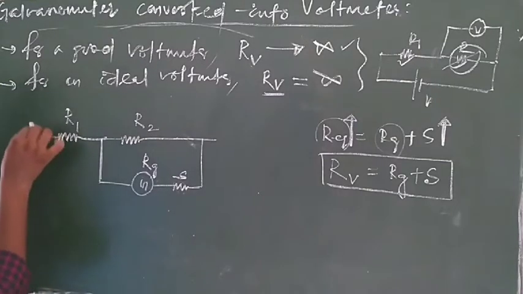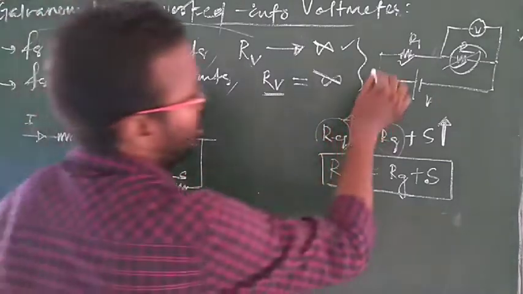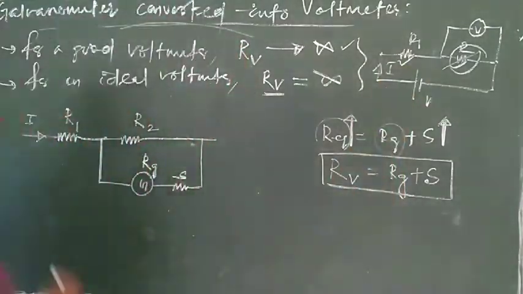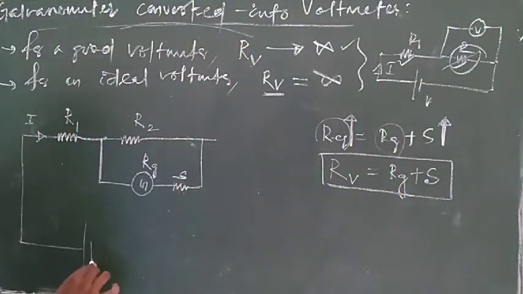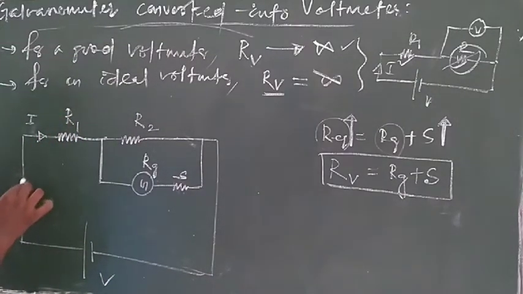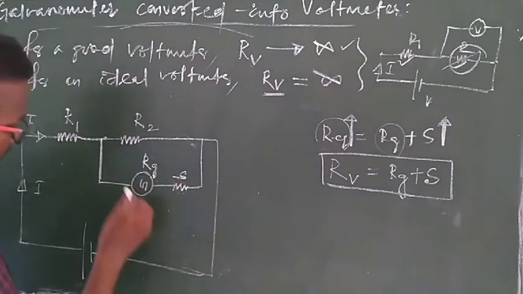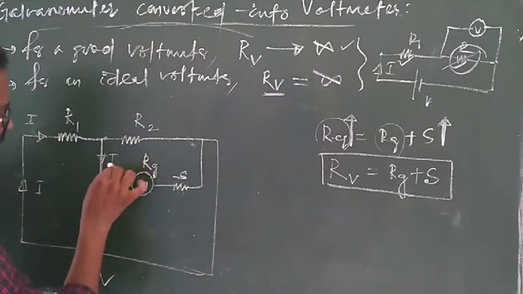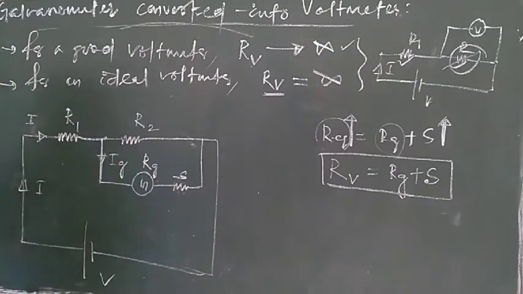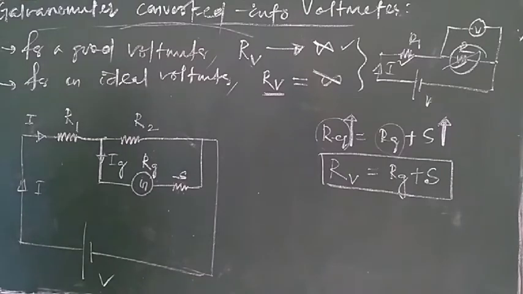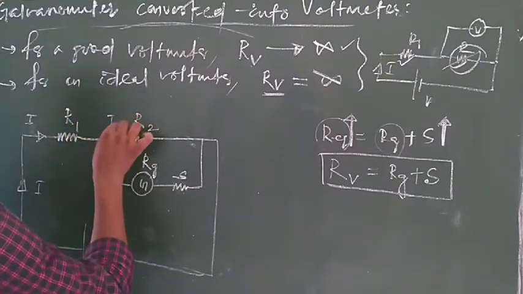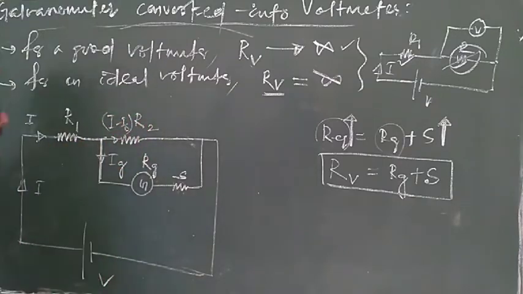Suppose the total current flowing through the circuit is I, but here only Ig current flows through the galvanometer, and the remaining current can be written as I minus Ig.